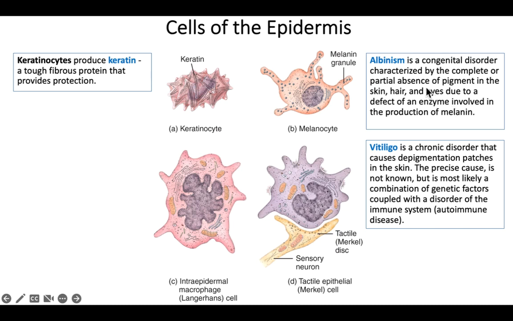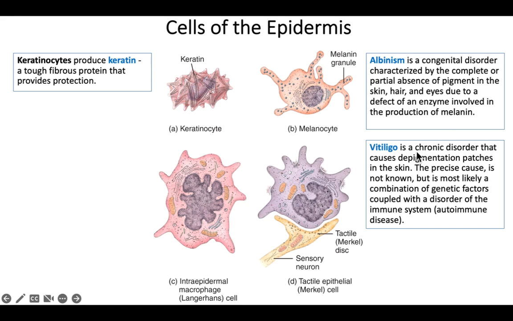So you're going to have a lack or loss of melanin throughout the entire body: skin, hair, eyes, because there's a defect in an enzyme. Okay, so it's everywhere throughout the body.